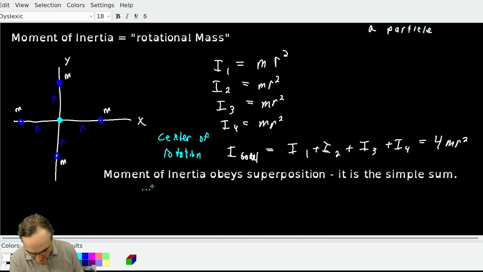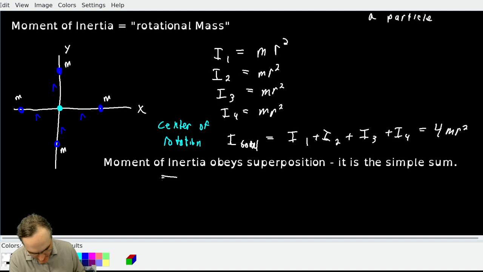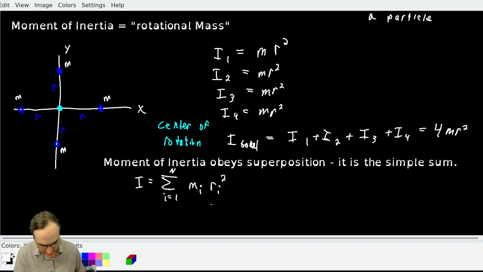All right, so for point masses, you would simply write that the total moment of inertia is a sum from i equals 1 to whatever your last particle is, of the mass of that particle times the distance of that particle from the center of rotation squared. I should move that down further. One moment.